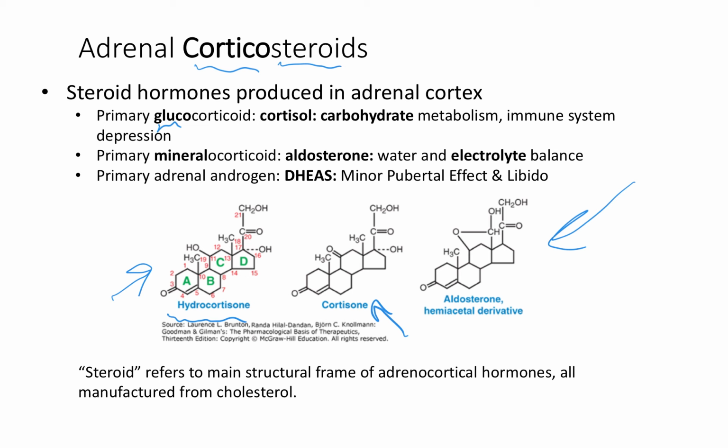Mineralocorticoid, that word comes from mineral, referring to its importance with electrolyte capabilities. Our electrolytes are ions, things like sodium, potassium, calcium. Mineralocorticoids are most important for that. And then we have a final layer of the adrenal cortex, which makes androgen, specifically DHEA and the isomer DHEAS, which has minor pubertal effects.